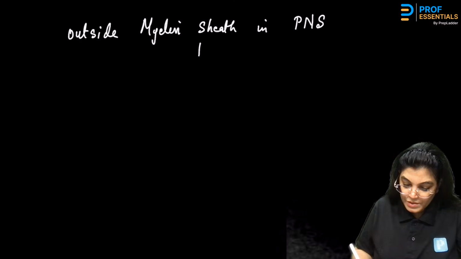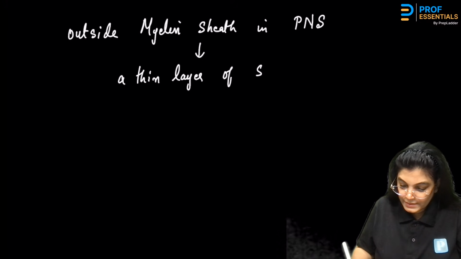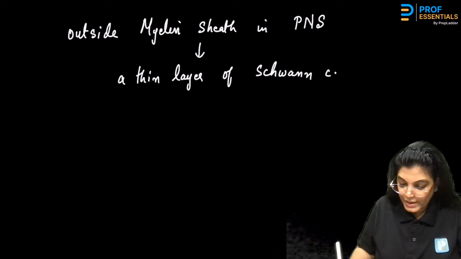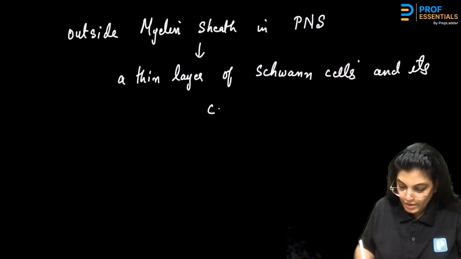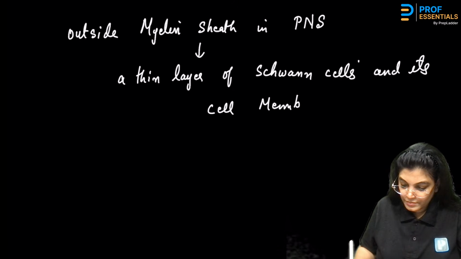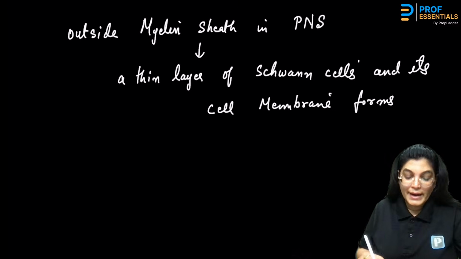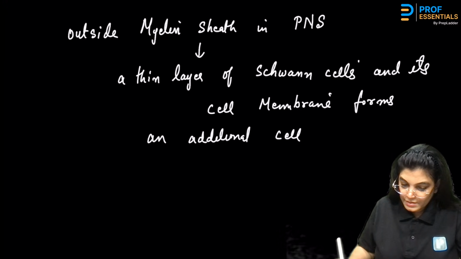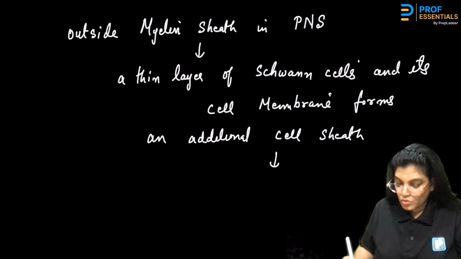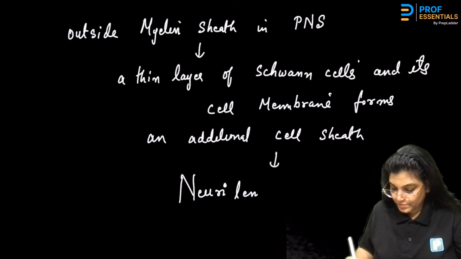In the case of peripheral nervous system, there is a thin layer of Schwann cells, and its cell membrane forms an additional sheath called the neurolemmal sheath. Neurolemmal sheath.